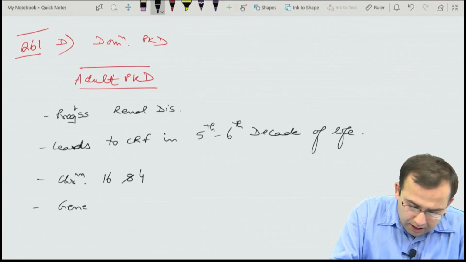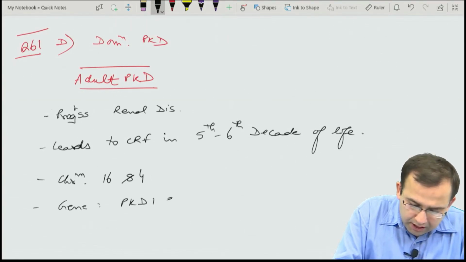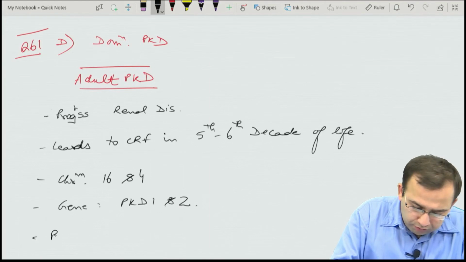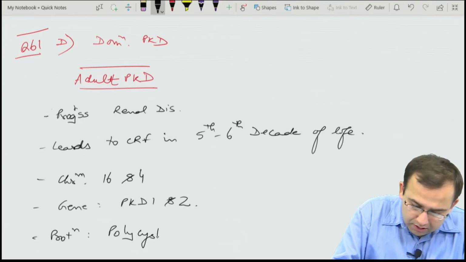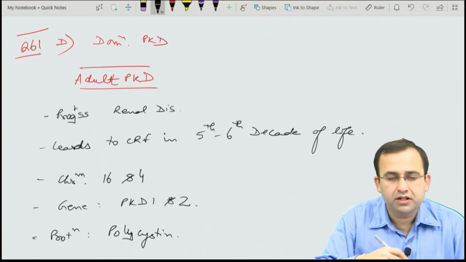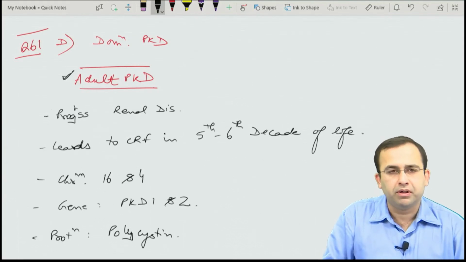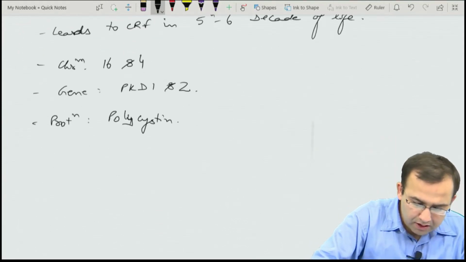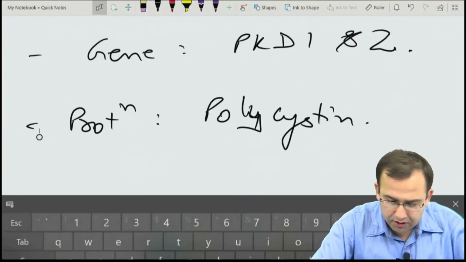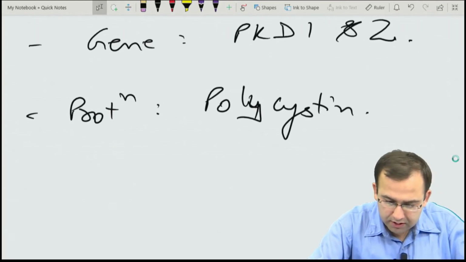The gene abnormality is PKD1 and 2, with the abnormal protein being polycystin. So you know the chromosomes, the genes, and the protein associated. This is adult PKD.